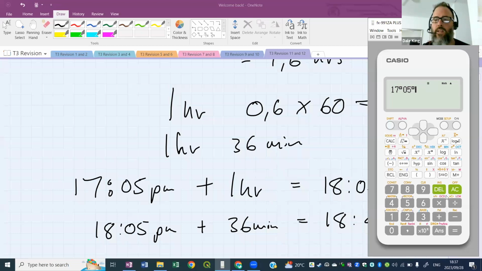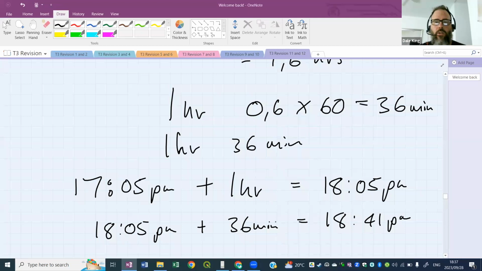We don't need to put the seconds, plus 1 hour and 36 minutes. What will that give us? 18:41. Not going to make it. So you can use your calculator to add up time this way, or you can do it bit by bit in this way as well. But clearly he's not going to make it.